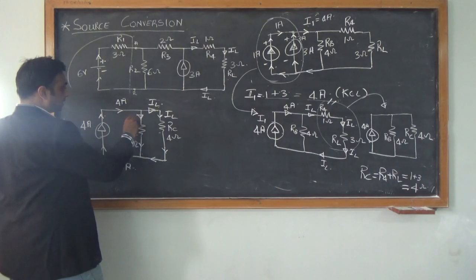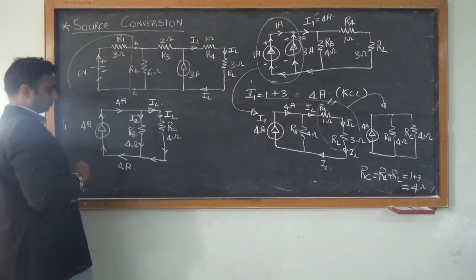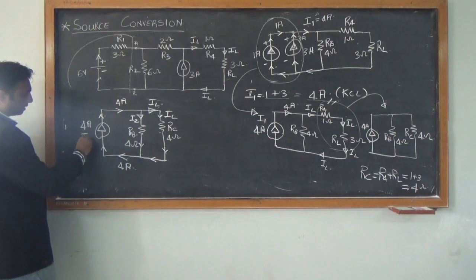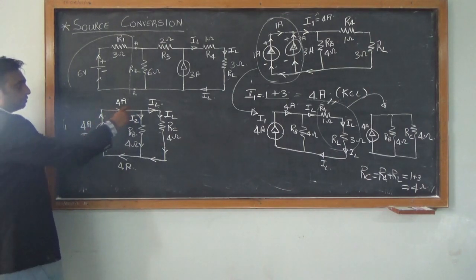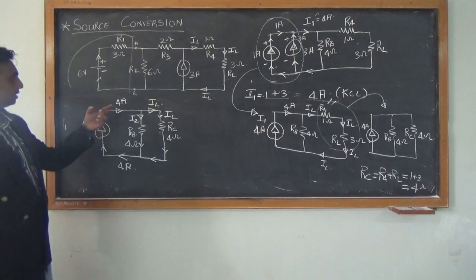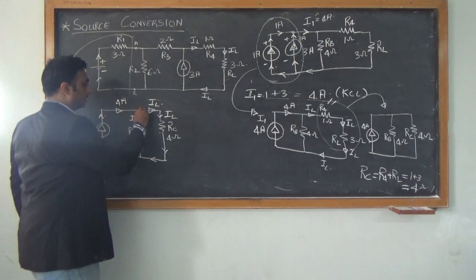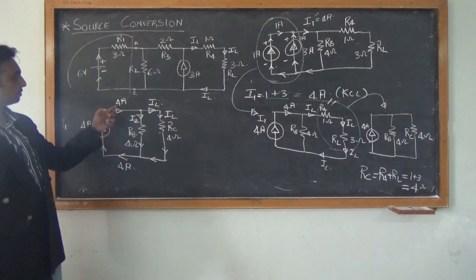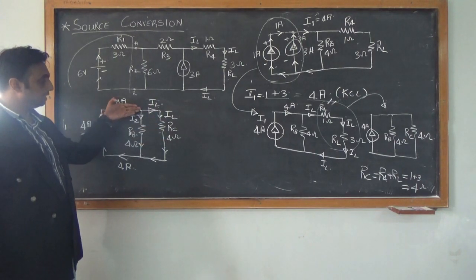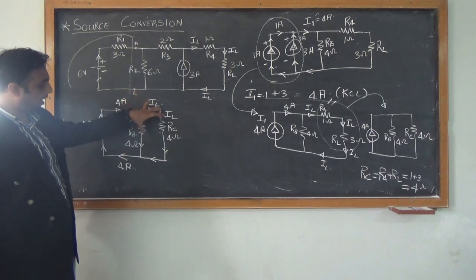And I name this current as I2. I have already named the 4 amps current as I1, so I'll name this as I2 and I'll name this as IL. So you see, again at this point, the number of incoming currents equals the number of outgoing currents. Since this is the current source, this will be the incoming current and these will be the outgoing.